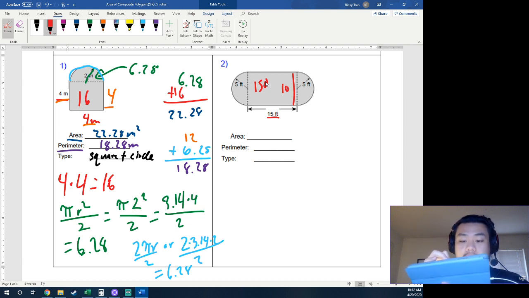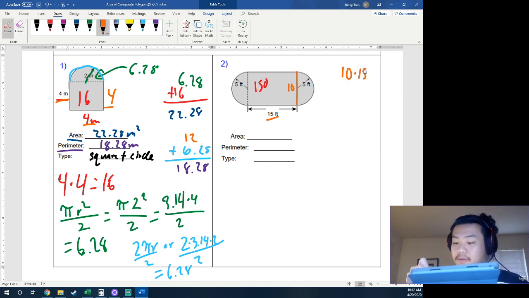I'm just going to use a different color for this. This length here is 10, so 10 times 15 is equal to 150.